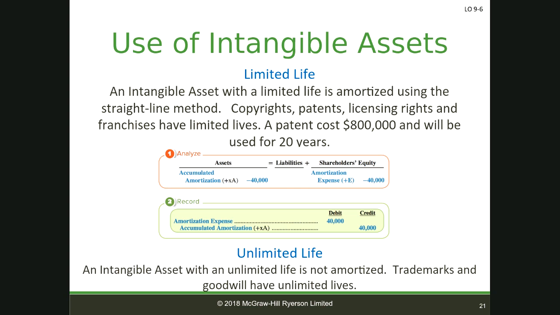So in this example at the bottom of the PowerPoint, it says an intangible asset with unlimited life is not amortized, right? So that's goodwill. Goodwill has an unlimited economic life, and so we don't have to claim depreciation. It's not going to wear out over time. That's sort of the logic with respect to that one.